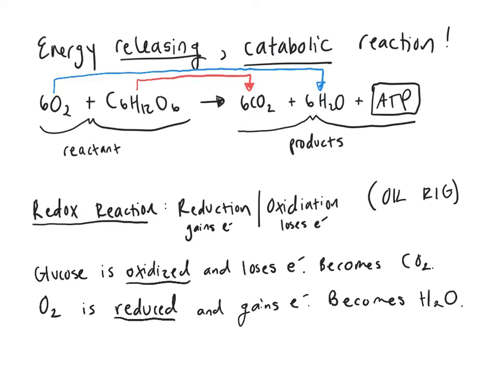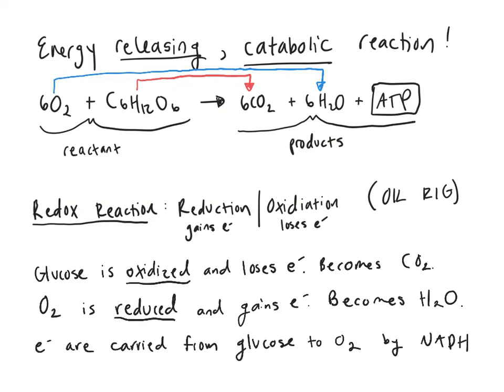So how do the electrons get from the bonds releasing when we break glucose to the oxygen molecule? Well, they're going to be carried from glucose to oxygen, and the carrier in cellular respiration is going to be NADH.